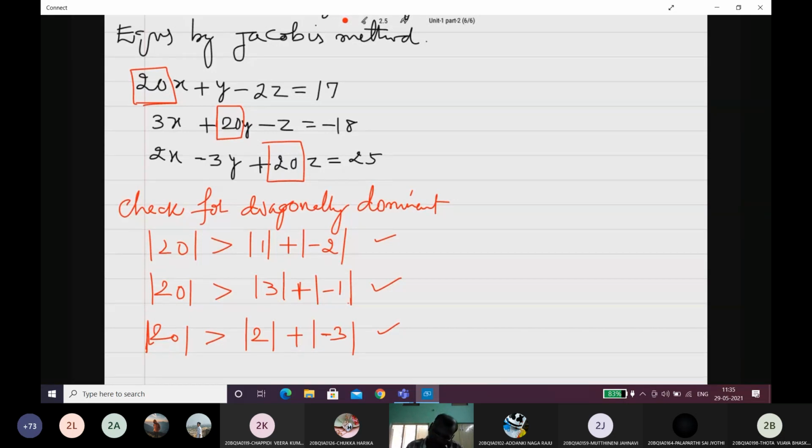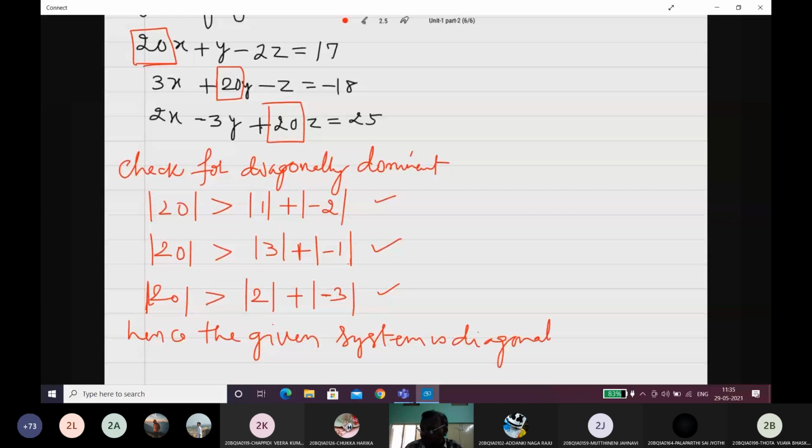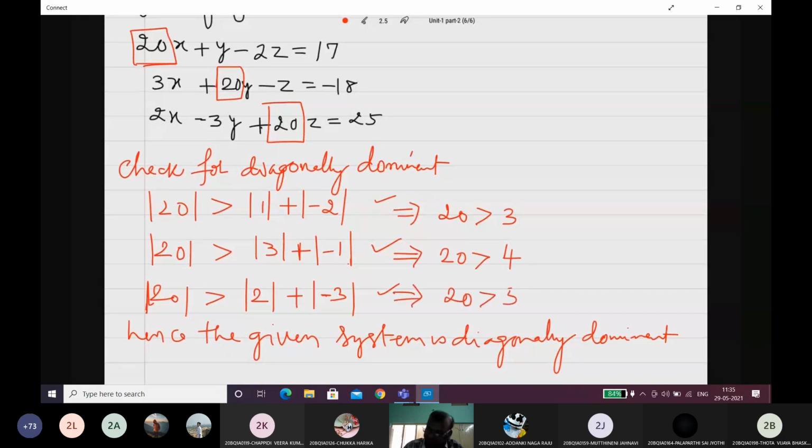Hence, the given system is diagonally dominant. 20 is greater than 3, 20 is greater than 4, 20 is greater than 5.